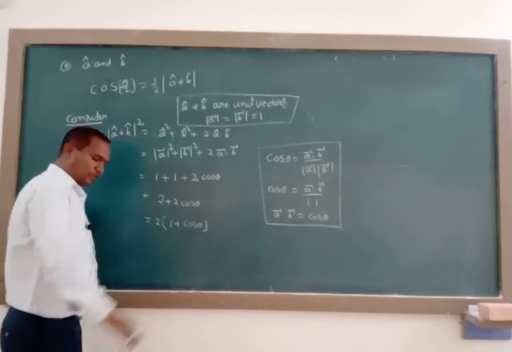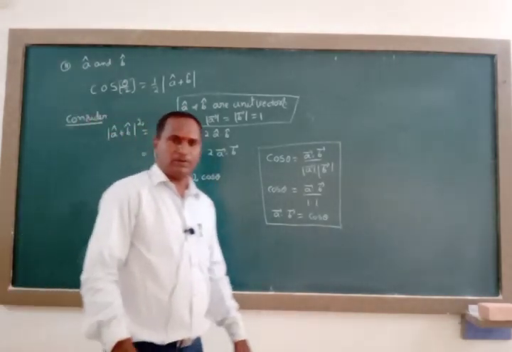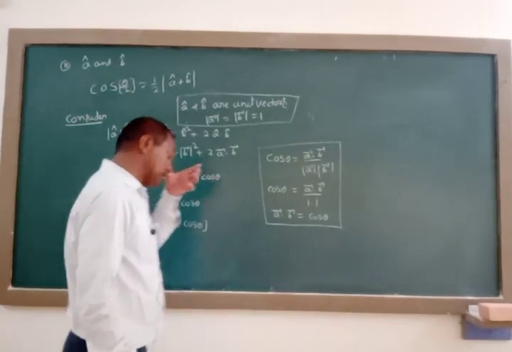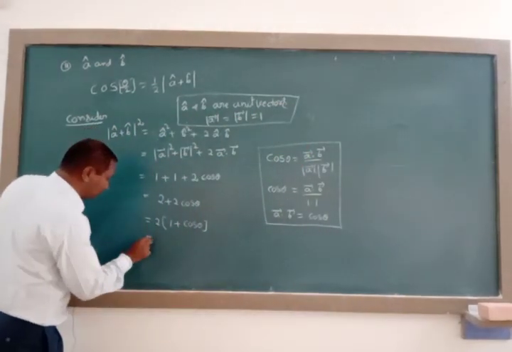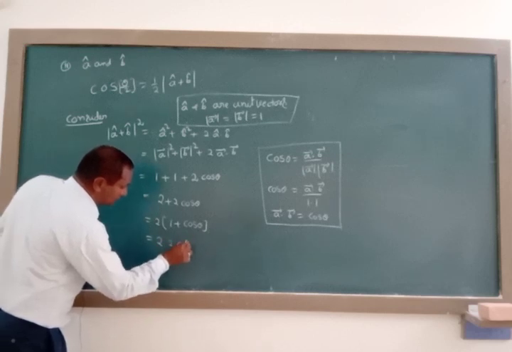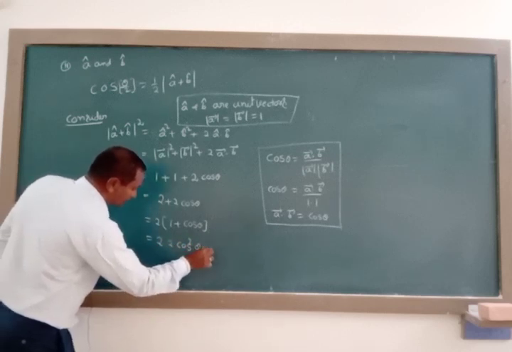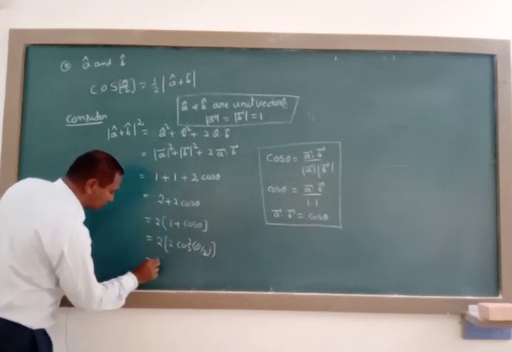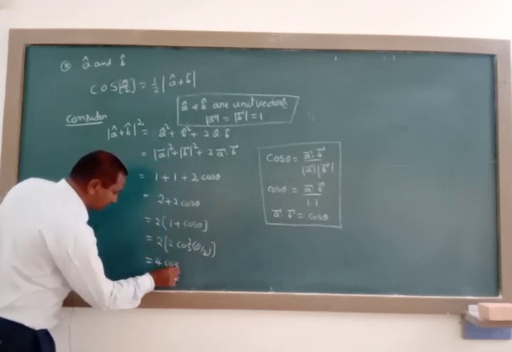Here we have to apply the submultiple angle formulas of trigonometric functions. That is, 2 into 1 plus cos theta is 2 cos square theta by 2. Then 2 into 2, 4 cos square theta by 2 here.